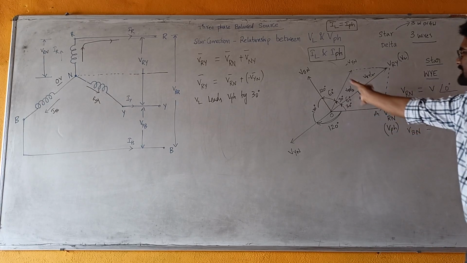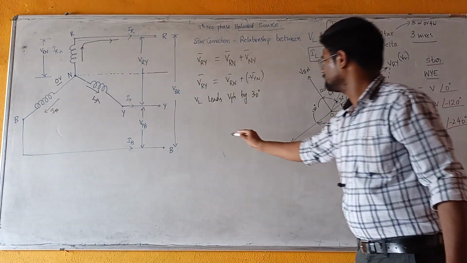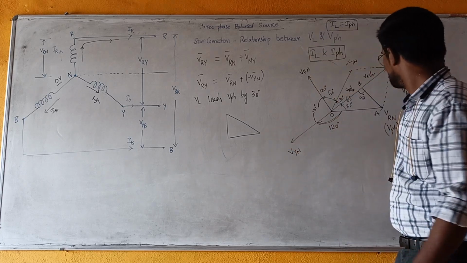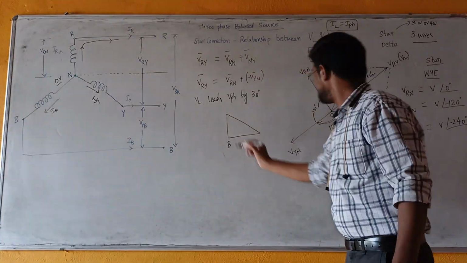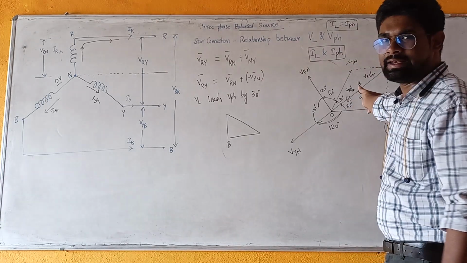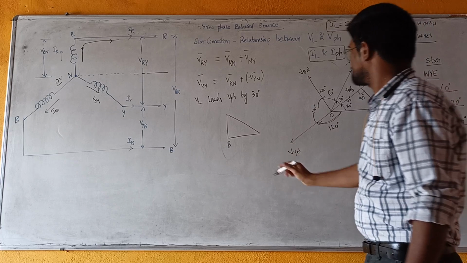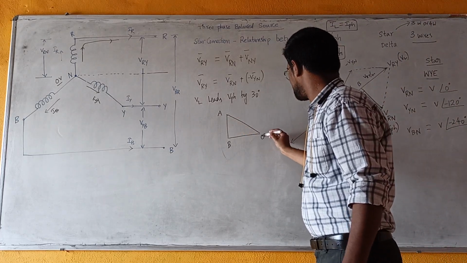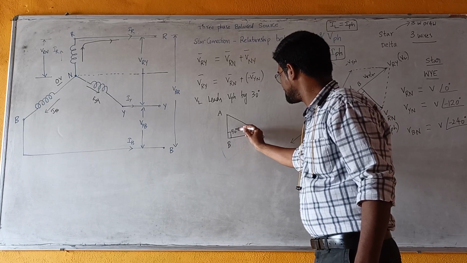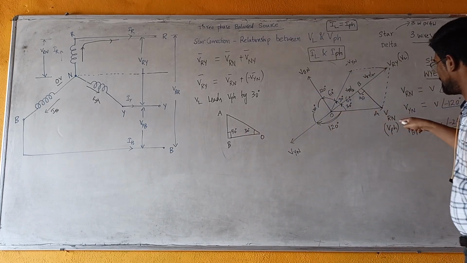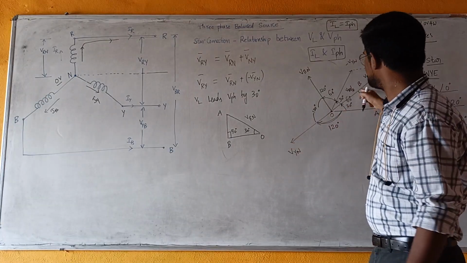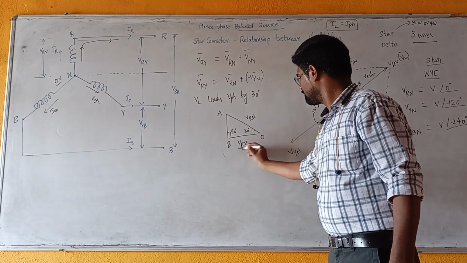Let us consider this triangle. This is a right angle triangle, where this is point B. This triangle is shifted like this, so that this point is A and this is point O, and here it is 30 degrees, here it is 90 degrees. Now OA is VRN, which is the hypotenuse. OB is VRY by 2.